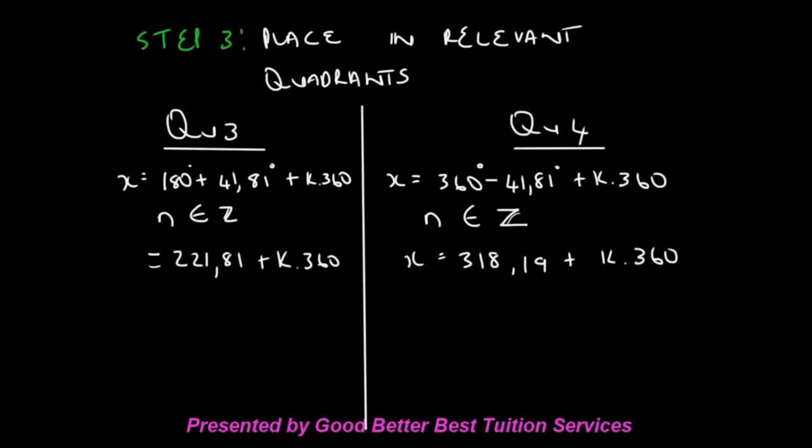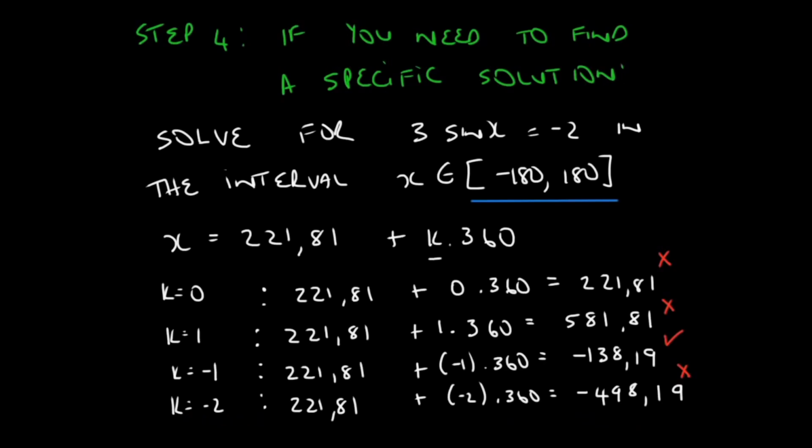However, if they want a specific solution, you need to go a step further and you need to substitute. So the intervals that they normally give you, it could be -360 to +360. In this case, it's -180 to +180. However, it can be any interval and you need to substitute. What are you going to substitute?